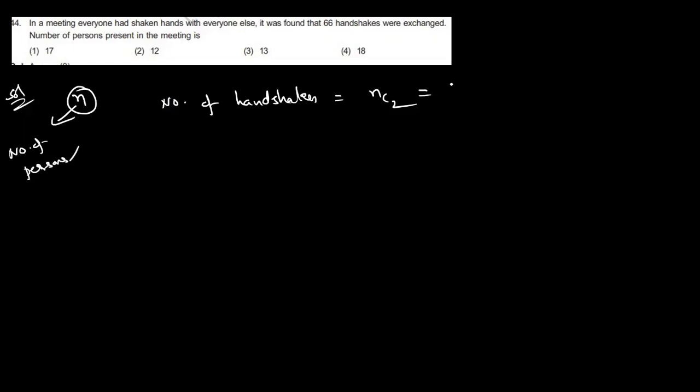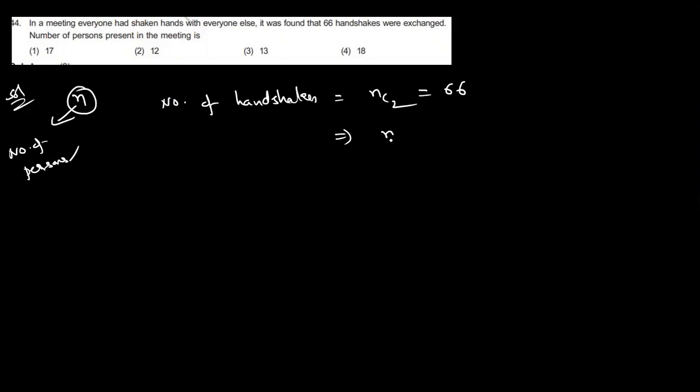So let the number of persons be N. Total number of handshakes, what is the formula? NC2. N represents the number of persons. So NC2 is given as 66.